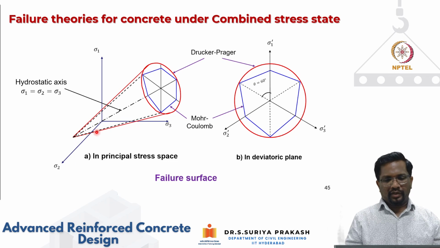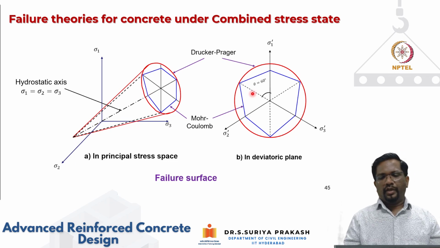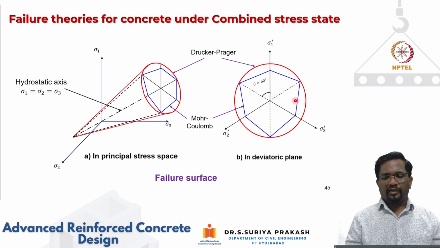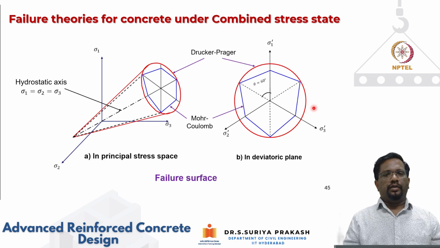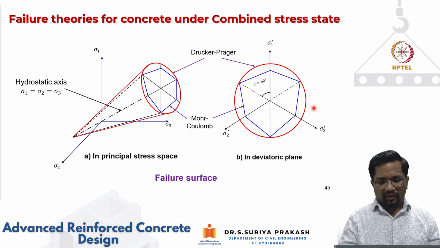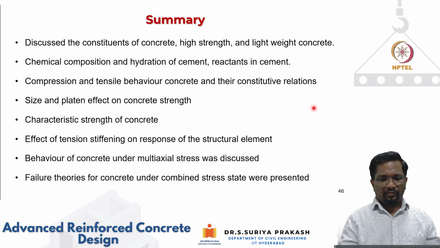So this is the way it is going to look. And if you look at it only in the deviatoric plane, the Drucker-Prager criterion is going to look like a circle, and this is going to be like this kind of a hexagon. So this is the way we define failure theories for concrete under combined stress state.